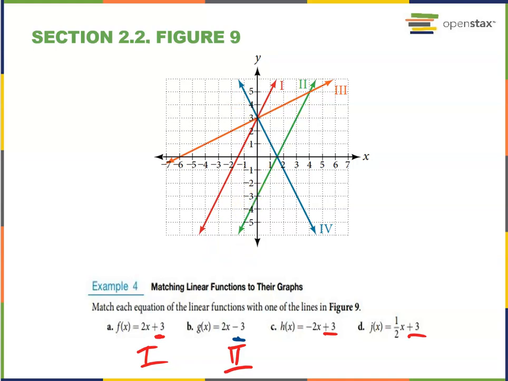The slope is -2, so it's like -2 over 1. So you go down 2 and 1 to the right. It's like here. From the y-intercept you go down 2 and 1 to the right. So that's why this is the third.